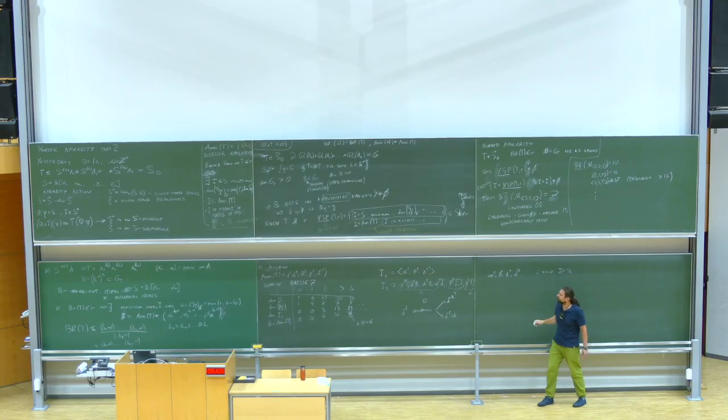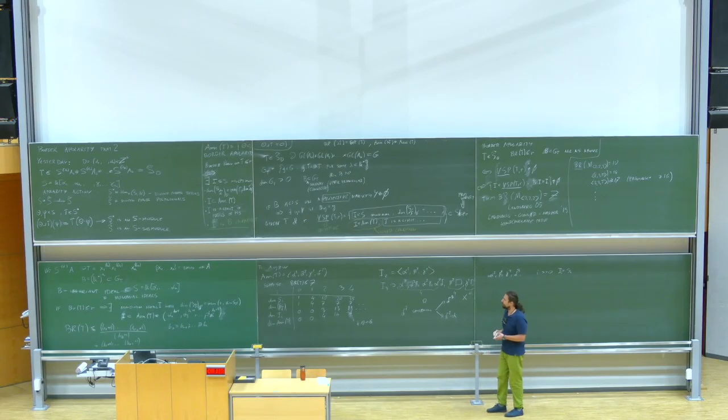Okay, so this is the wrong choice. I cannot take this one because I need the codimension of I to be 7, not 0, for I very large. Okay. So this choice doesn't work. So let's go with this one.